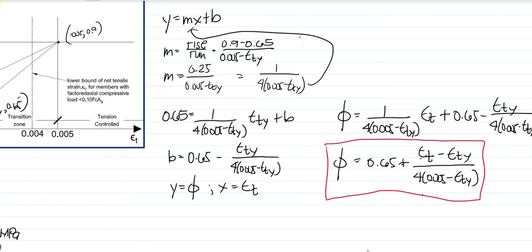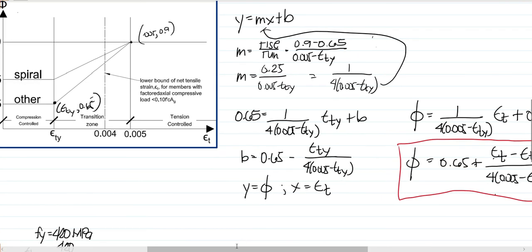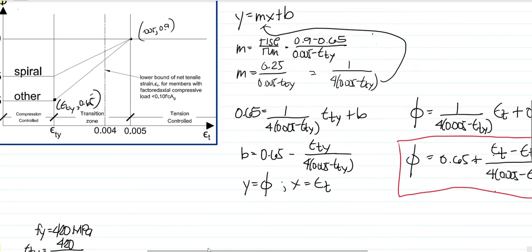So, napalawas natin yung equation na yun by just applying the rules of the equation of the line. So, ibig sabihin, kapag may mga values ka na dyan, kagaya ng epsilon t sub y, hindi na natin kailangan sigurong kabisaduhin to, basta alam mo yung flow ng diagram for our reduction factor versus the net tensile strain.